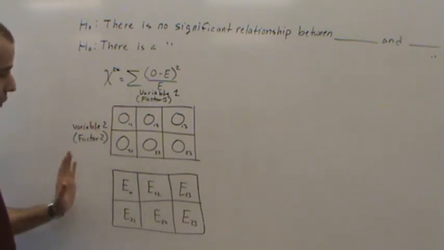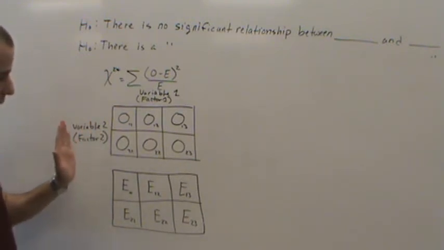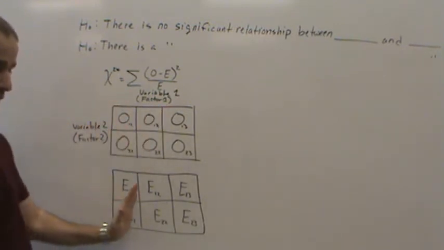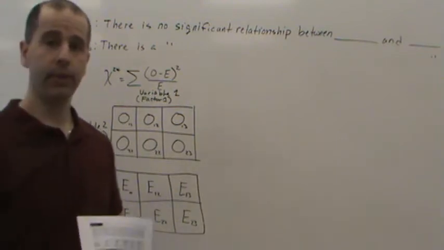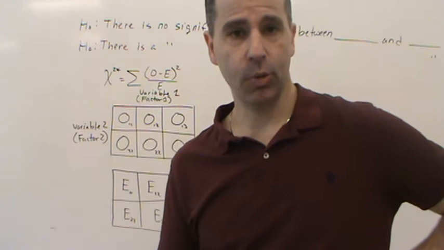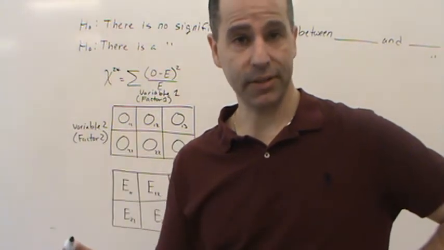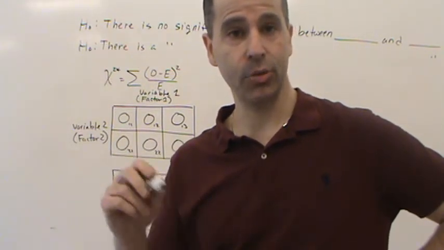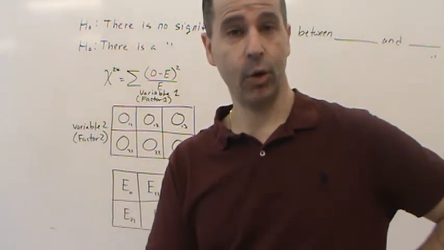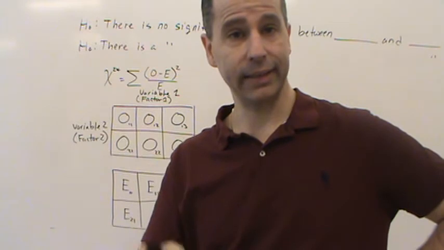And so these are the two tables we're going to use in our calculator. So we're going to have to create a matrix for these values and a matrix for these values in the calculator. It's very similar to what we did when we created our lists, right? How do we enter our data into the lists? We go to our lists, and we go to edit, and we start just entering data into the list.